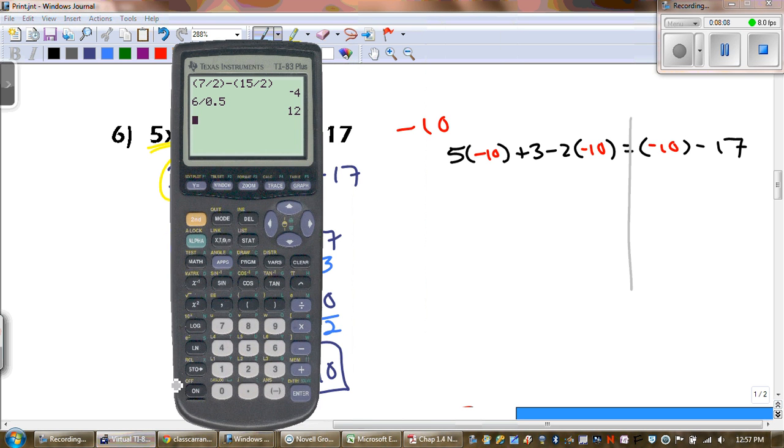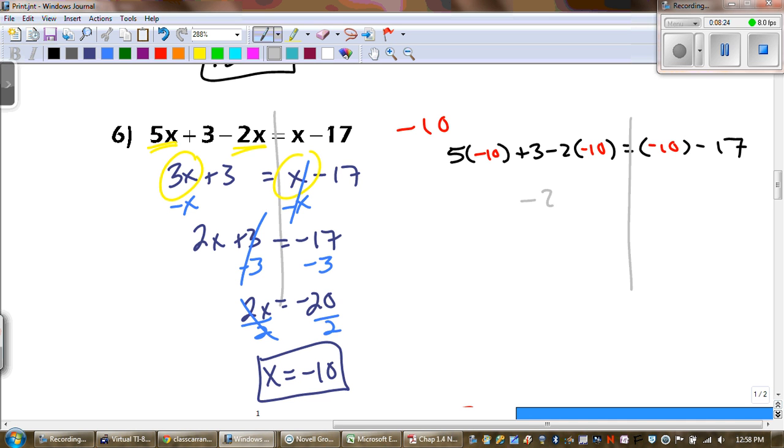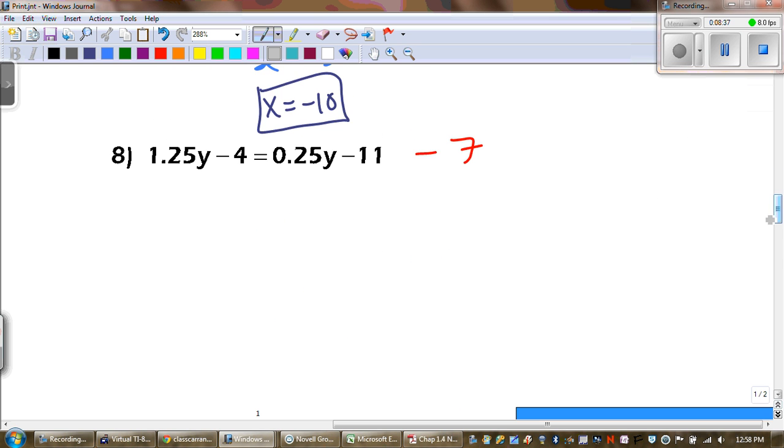Now, if you wanted to, you can just go 5 times -10 plus 3 minus 2 times -10. Okay, and I got -27. So let's see, -27. Does that equal -10 minus 17? -27. So, ta-da, we got the right answer. I know 100% that that is correct.